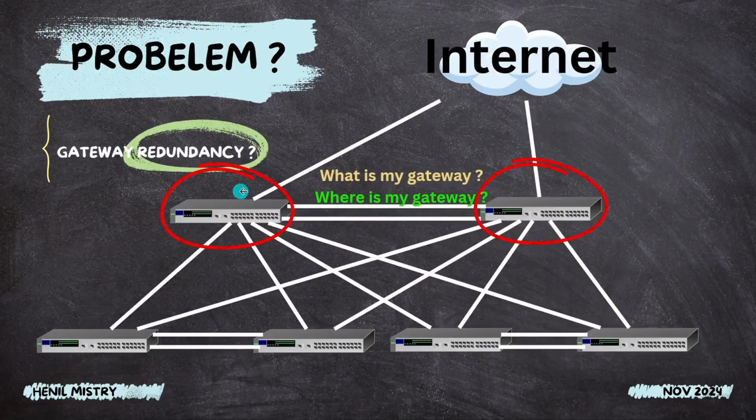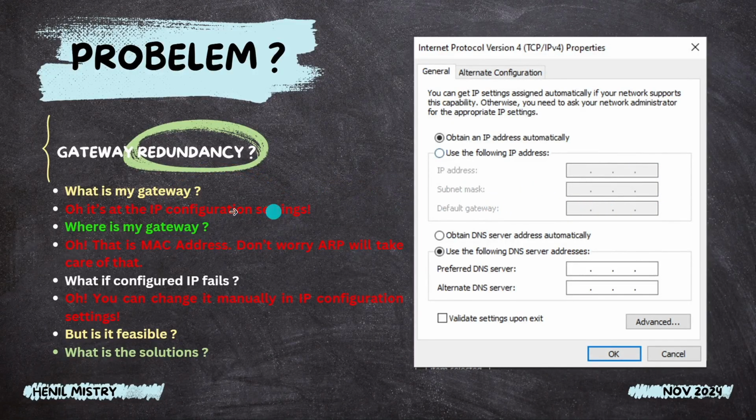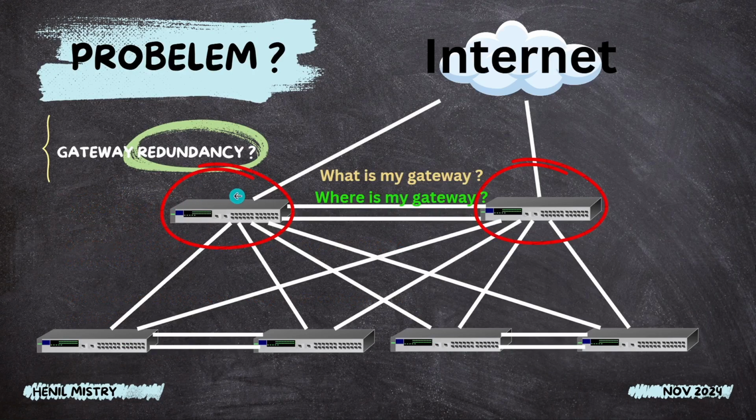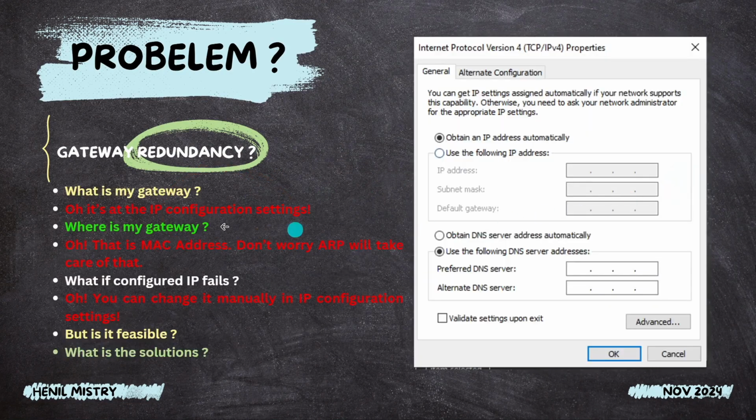Let's say due to some reasons, or some physical link damage, this interface fails, or there are some hardware issues that cause this interface to fail. All our packets, if they want to access the internet, will go to this IP address, because the default gateway IP is configured here, but your packets will not get a reply, because this interface has failed due to hardware malfunctioning or physical damage to the link. In that case, the configured default gateway might fail.